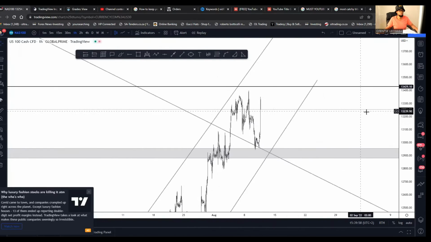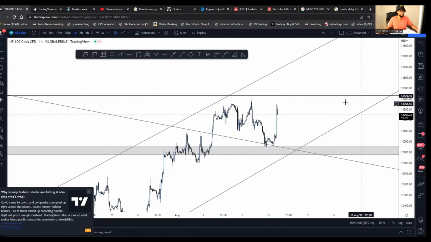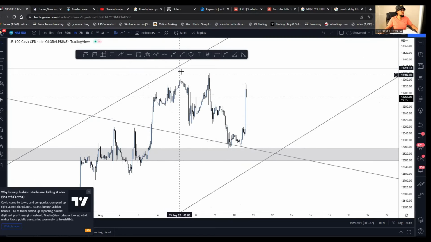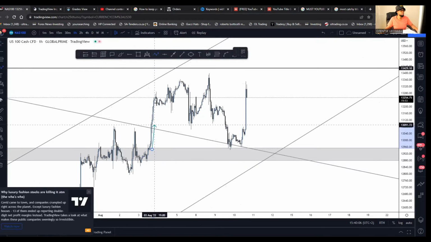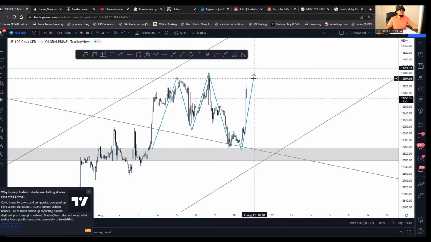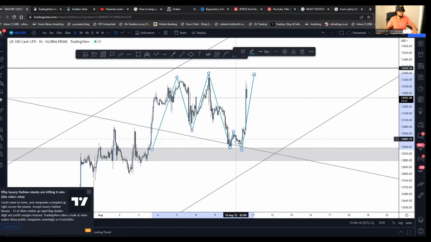Let me show you how we managed to catch this move. It was very profitable. You can see we broke out of the structure, then bounced here, bounced here, forming an M formation. Then we came here, creating a W, then we pushed to the upside.